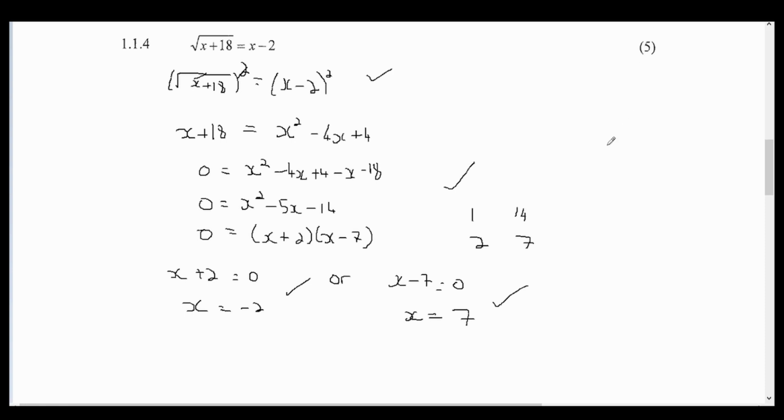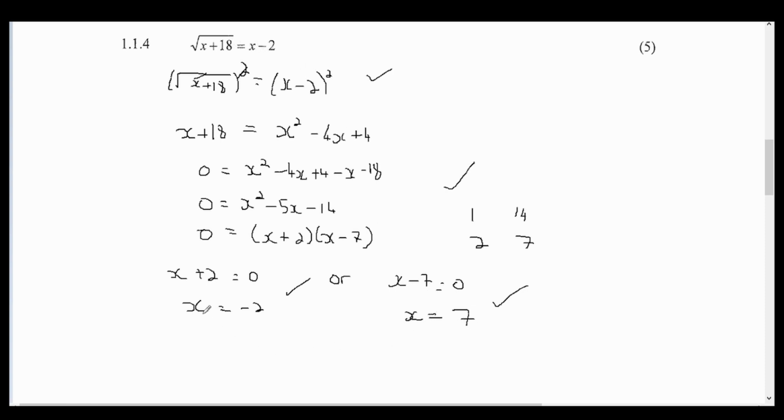And of course, this is why you have to check both your answers. When you put in 7, if you type this in your calculator, 7 plus 18 is 25. Square root of 25 is 5. 7 minus 2 is also 5, so therefore 7 is a valid number.